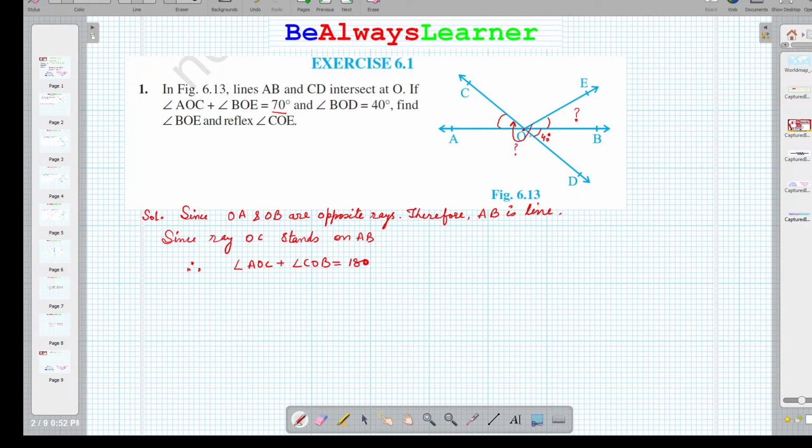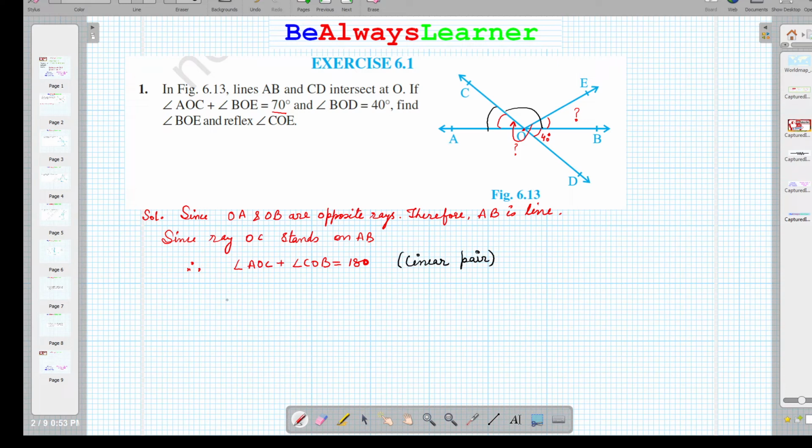The angle AOC, I am using a different color, this angle, and COB, this angle. So these two angles will be 180 degrees because of a linear pair. If you are not able to understand, please say so in the comment box.